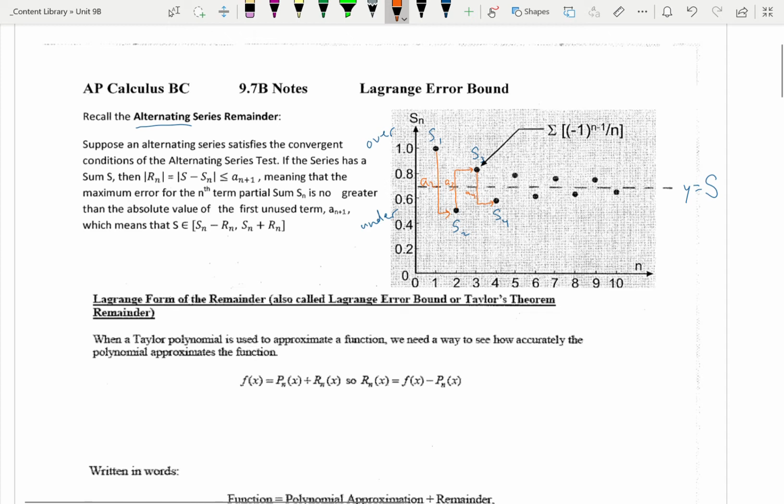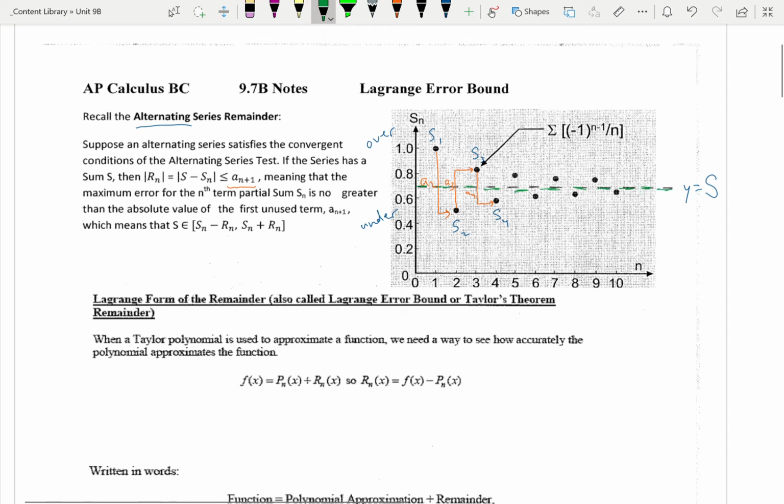So that's where this whole idea comes from, because we know every single time we take a step, whether it's from S1 to S2, or from S2 to S3, or from S3 to S4, every single time we take another step towards that infinite value of n, we always cross over this value to which the series is converging. Every single time we take one of those orange steps, we're going to cross over that dotted line.